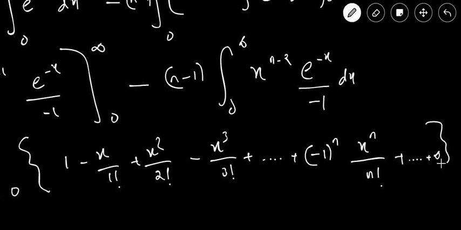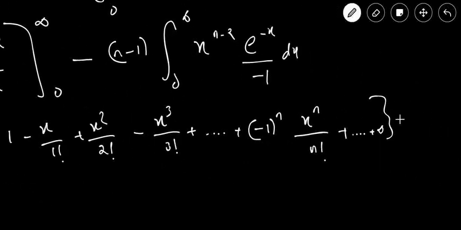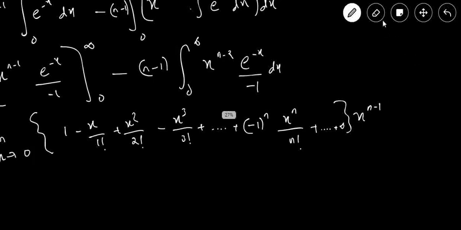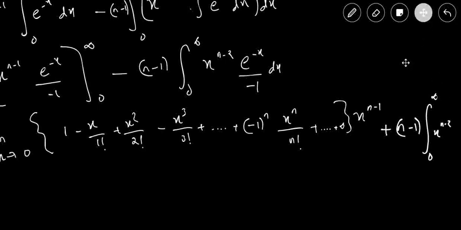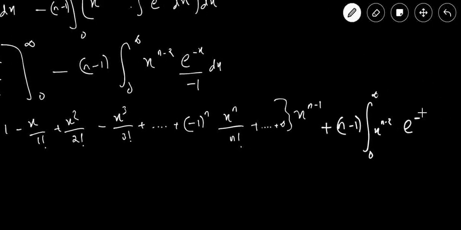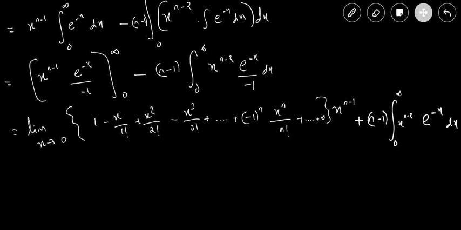And we have to substitute that x raised to minus 1 term over here, then this minus and the minus of this becomes plus, which becomes plus of n minus 1 times integral of 0 to infinity x raised to n minus 2 times e raised to minus x dx. Alright, so we came up to this.